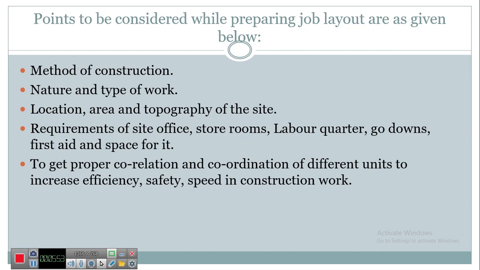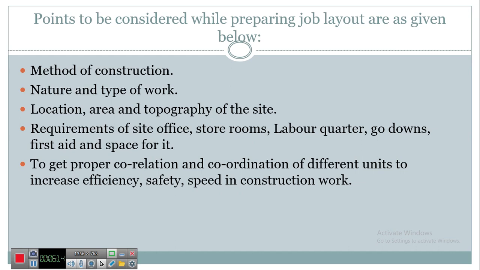Then requirement of site office, storeroom, labor quarters, godowns, first aid, and space for it, to get proper correlation and coordination of different units to increase efficiency, safety, speed in construction work. So always consider these things while preparing job layout.